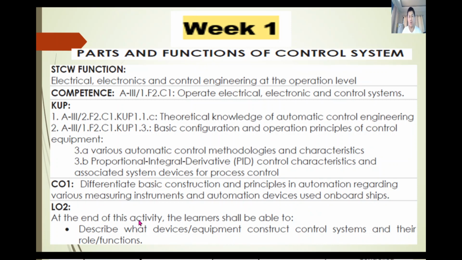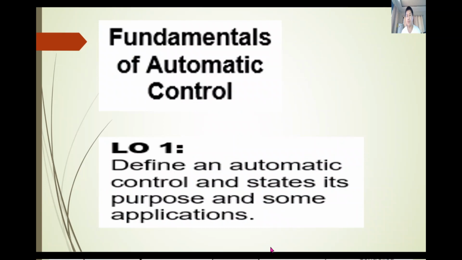So at the end of this lesson, the learners shall be able to describe what devices, equipment, construct, control system, and their roles and function. So we have here fundamentals of automatic control.